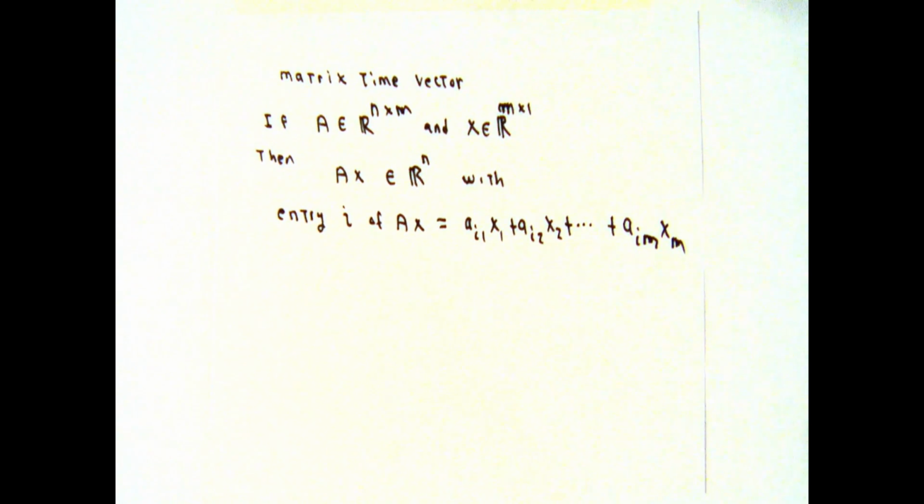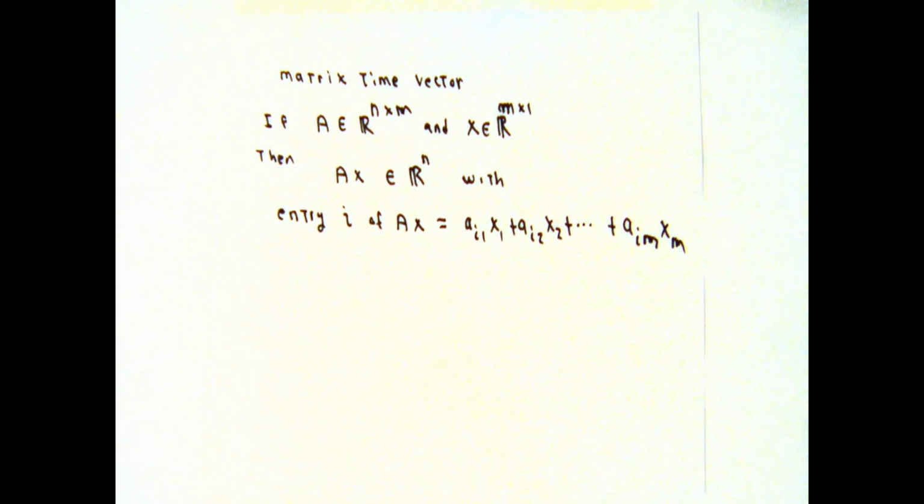There's a concept of matrix times a vector. If A is an n by m matrix and X is a column with m slots in it, then A times X is going to be a column with n slots in it.